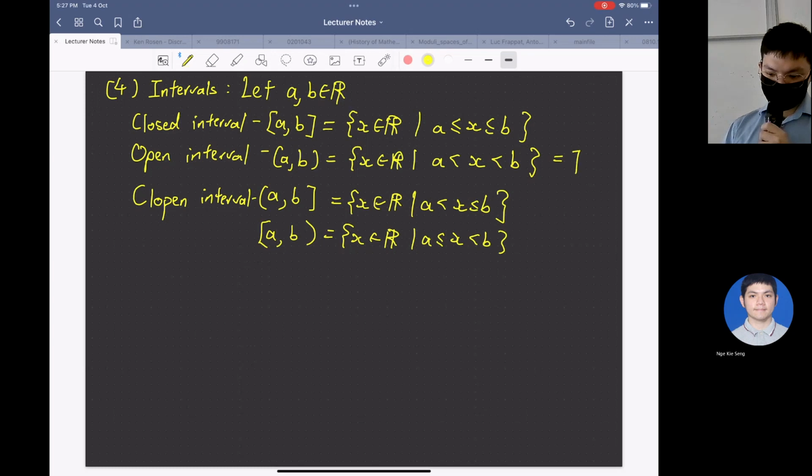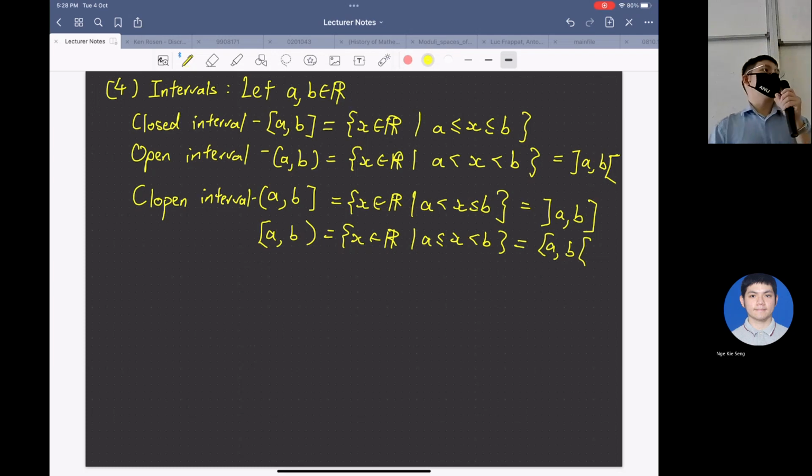Another notation you can see has the square bracket the other way around. Only in the reals do we have this interval.